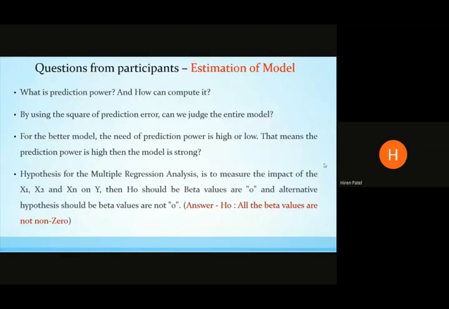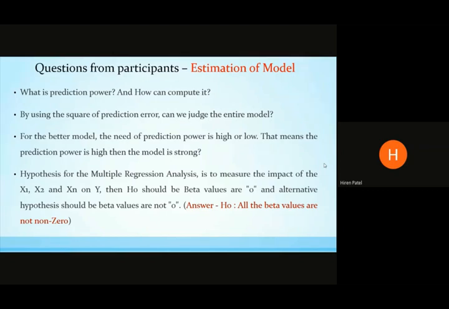Moving further, by using the square of prediction errors, can we judge the entire model? As far as judgment of the entire model is concerned, I'm not talking about squaring the prediction error. Because we are using the least squares method, R square is one way to judge the model.